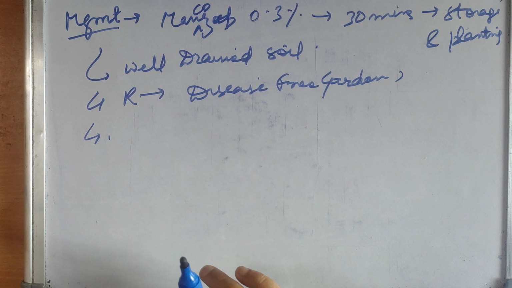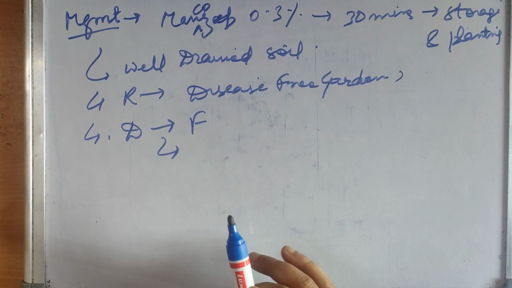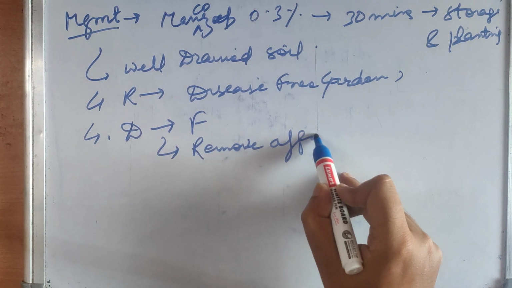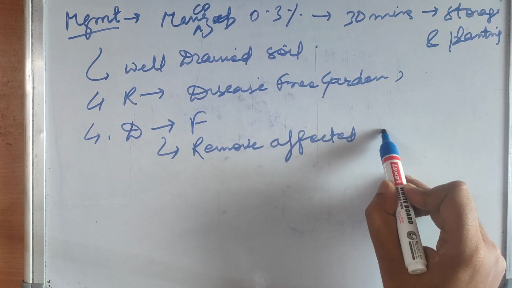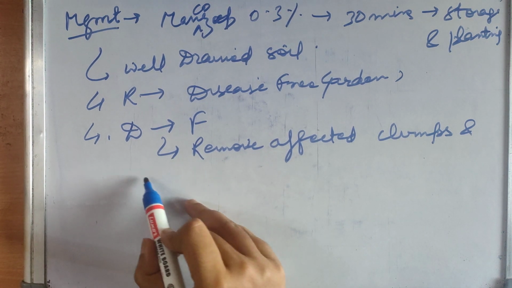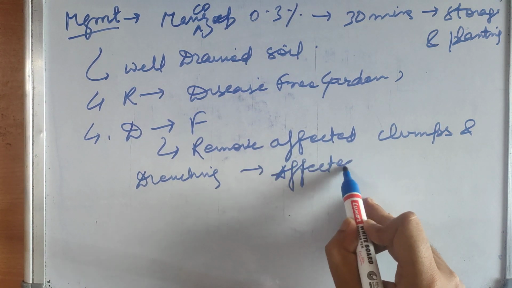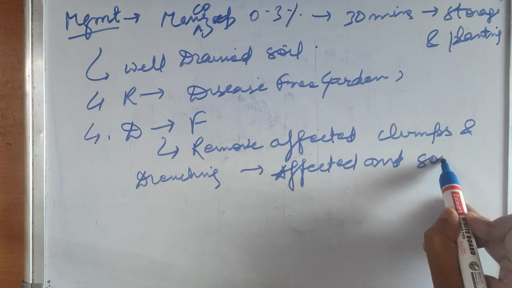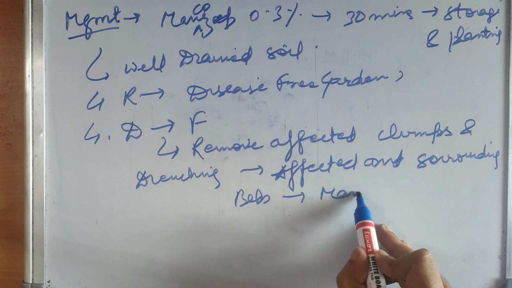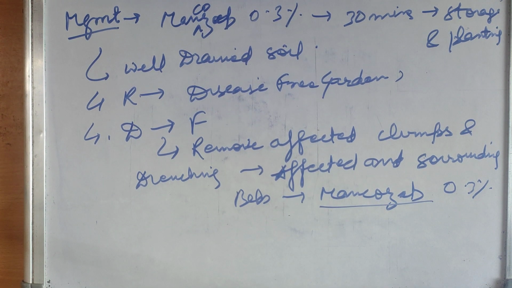If disease is located in fields, suppose we get disease in our fields, what we will do, we will remove affected clumps and do drenching of affected and surrounding beds with mancozeb at 0.3%. So these are the management techniques.